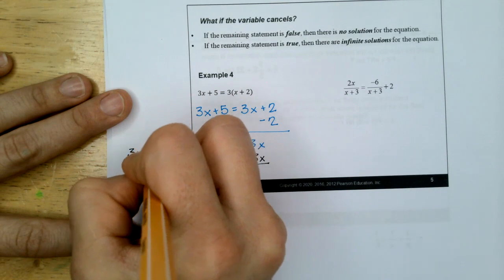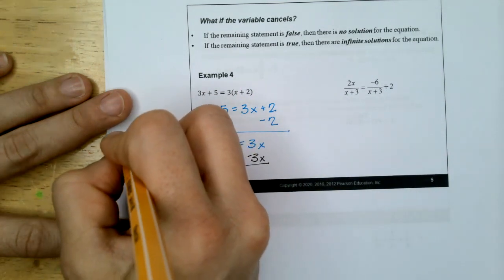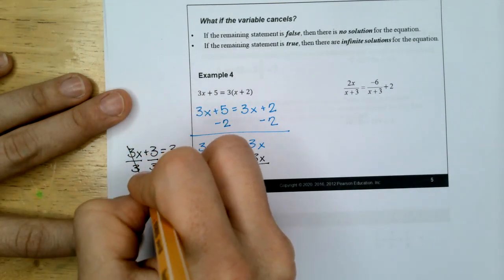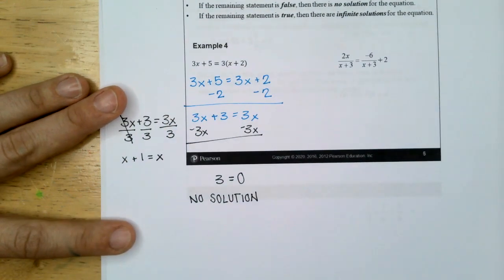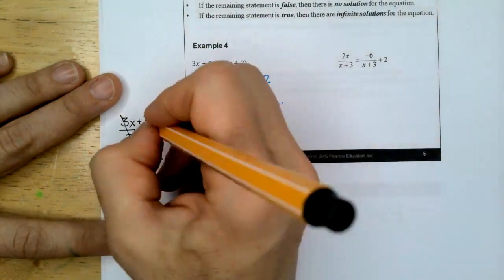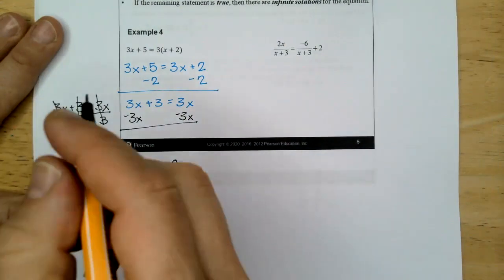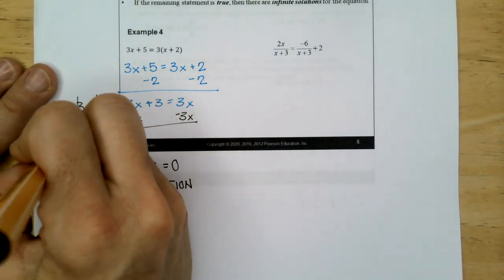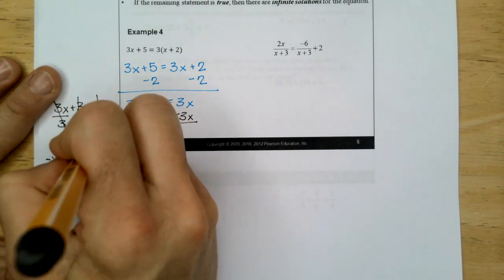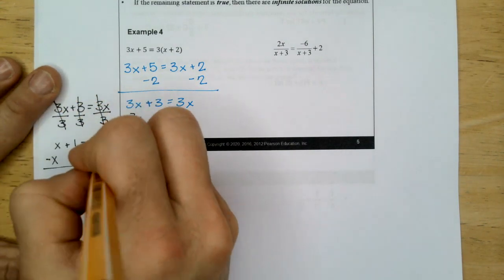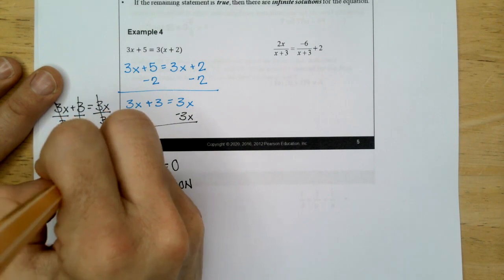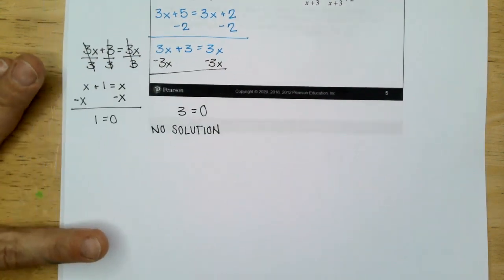I'm going to divide everything by 3 to try to find x. X plus 1 equals x. It's just not true, right? So here, then you would have subtract x, 1 equals 0. Still no solution, okay?